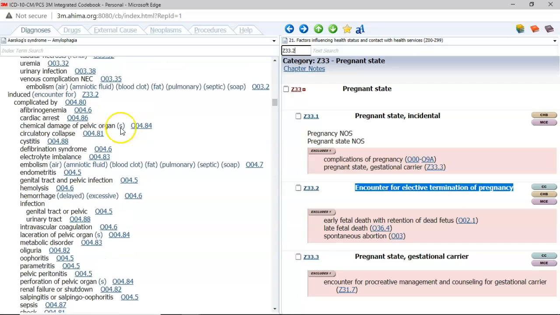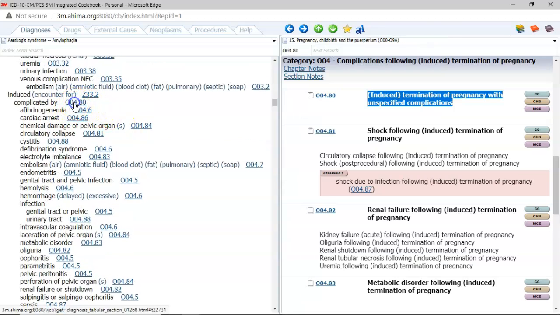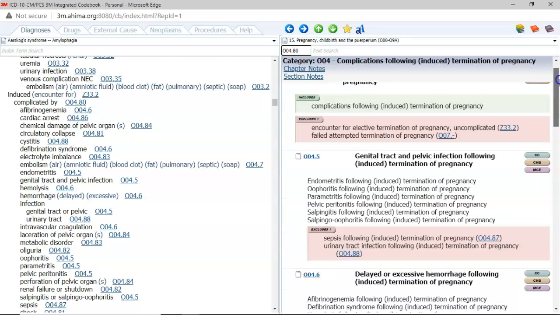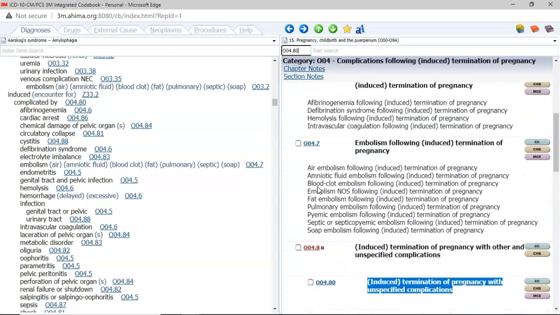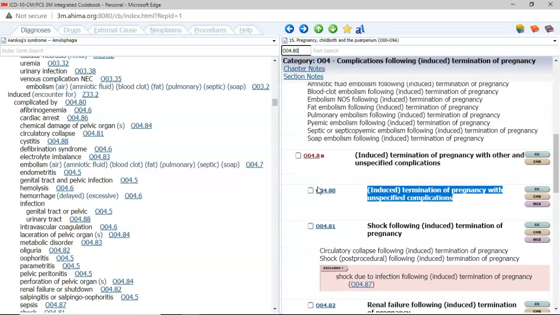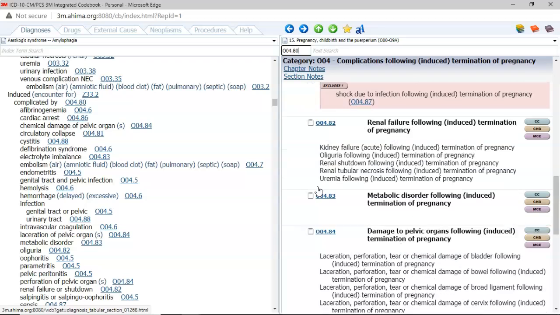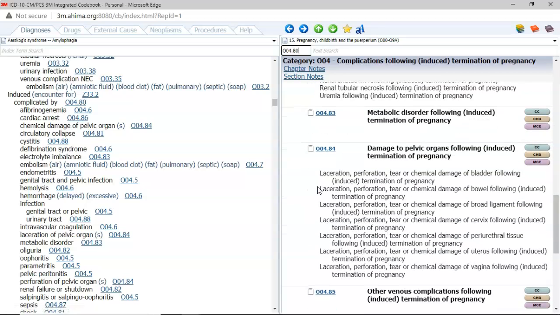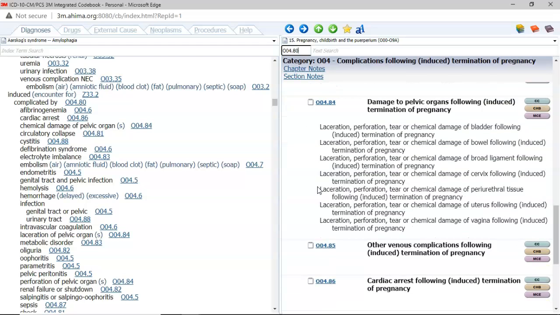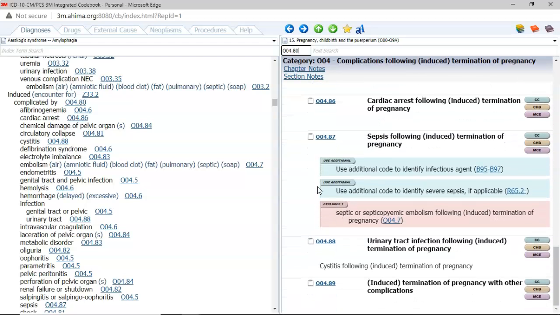O04. Let's look at that category. And you can see that this is complications following an induced termination of pregnancy. And as we look through these particular subterms, we can see that they are the specific types of complications that we saw in category O03 and O07.